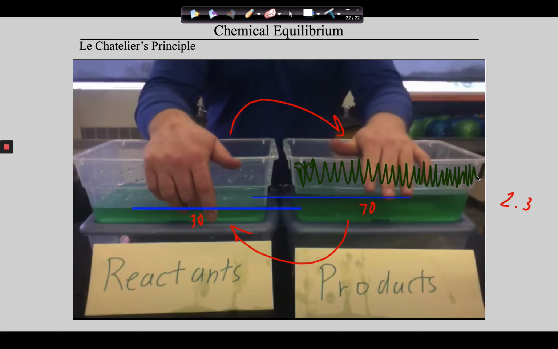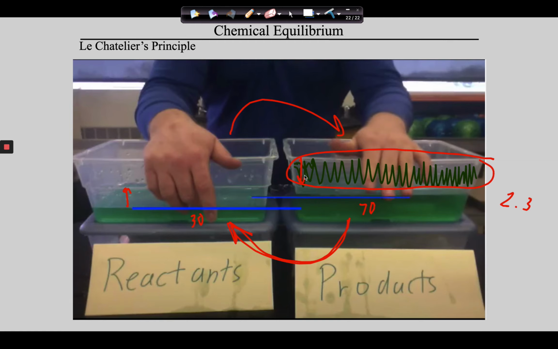What would happen then? Well, here's the thing that's interesting. With those same beakers, if we started moving water forward and backwards again, now we've got a bunch of water over here that shouldn't be here. And so what would happen is a lot of this excess water would start moving backwards, and this side would start to fill up as well, and this side would start to go down.